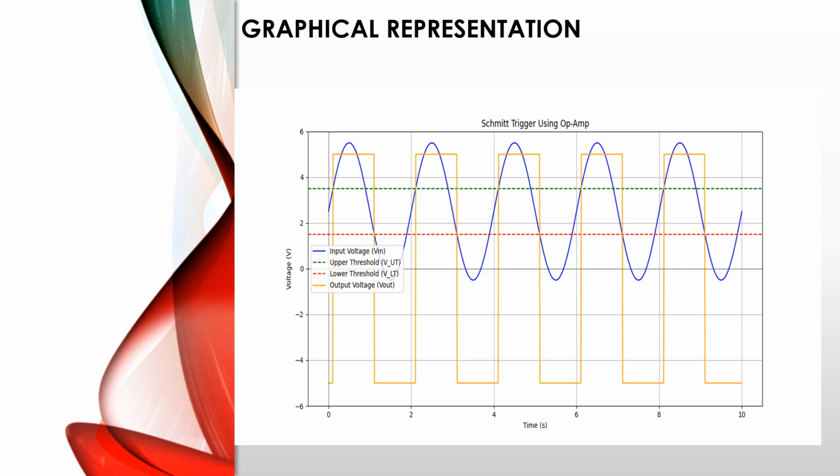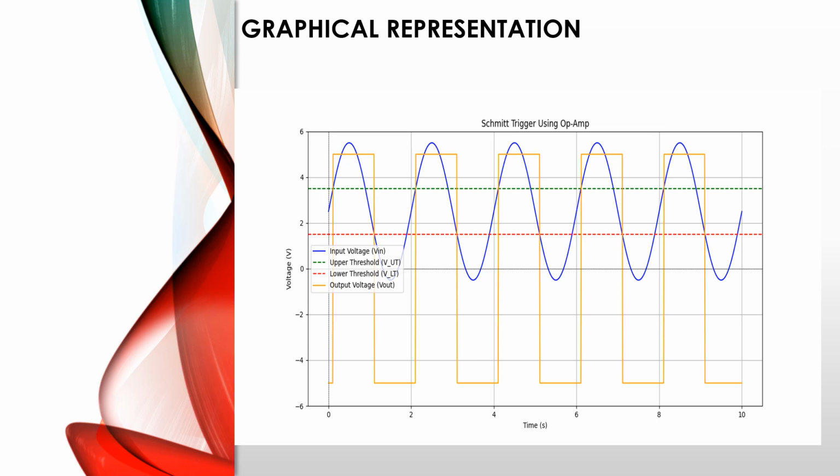We compare the input voltage using two reference voltages, that is one is the upper threshold level and the other one is the lower threshold level, and from the mathematical representation of upper threshold level and lower threshold level we saw that this value depends on the resistors. Okay, so this circuit is more stable.